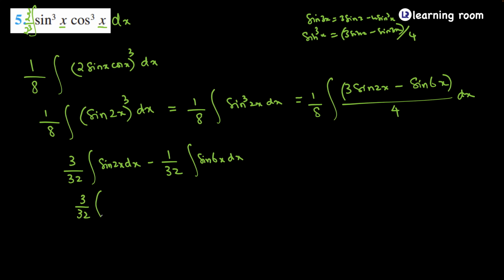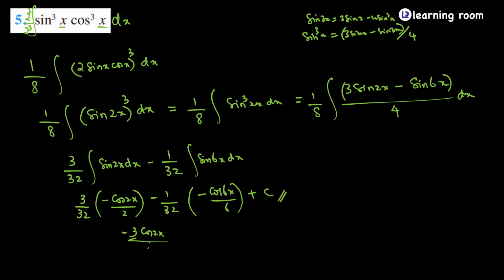It will be minus cos 2x the whole divided by 2, minus 1 by 32 times, what is this going to be? It will be minus cos 6x the whole divided by 6 plus c. So the final answer is supposed to be minus 3 cos 2x the whole divided by 64 plus cos 6x the whole divided by 192 plus c.